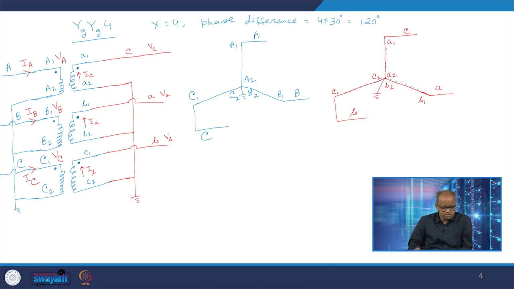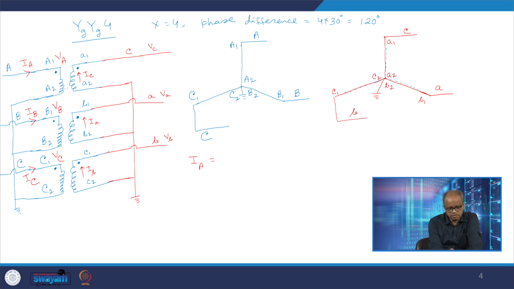So with this, now we can write down. Here I can say that I capital A and I small c are in phase. I capital B and I small a are in phase, and I capital C and I small b are in phase. So now from here, how can I write down what IA is?